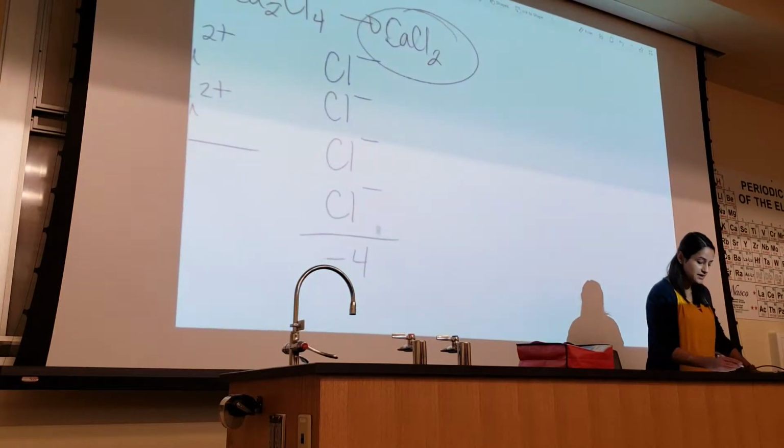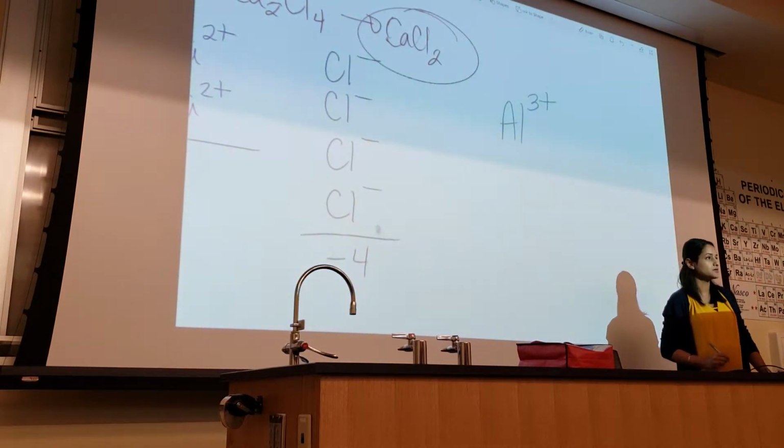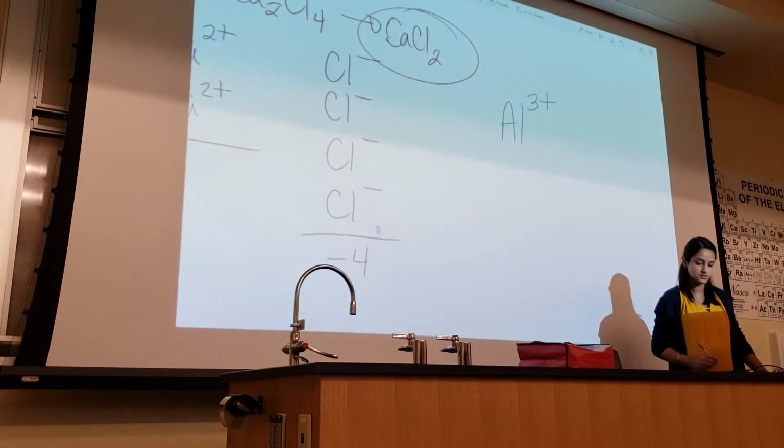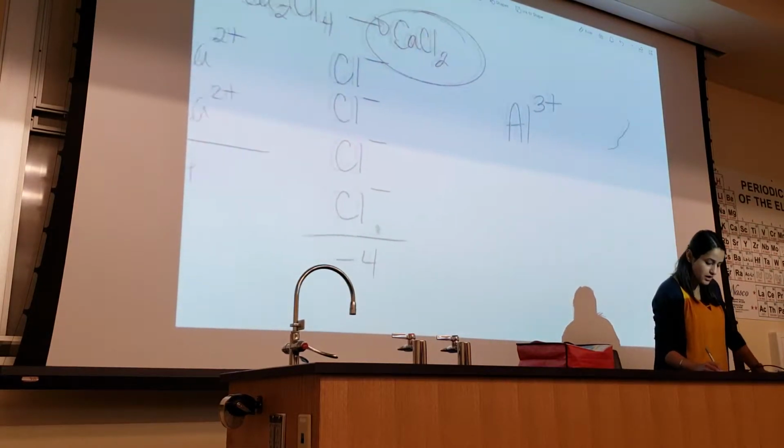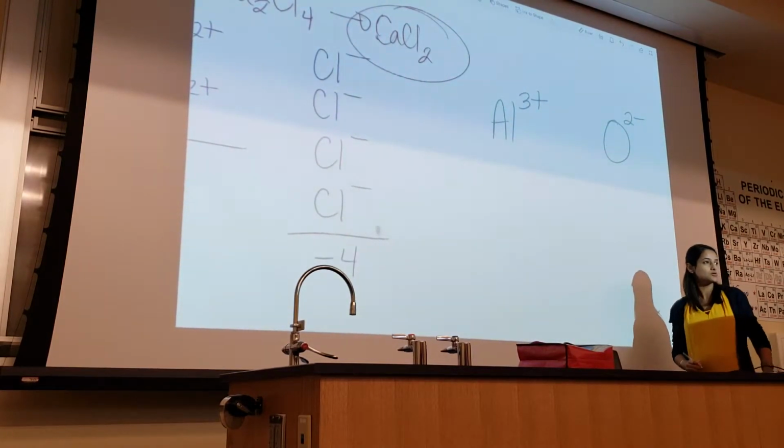Now, let's say I have something like this. Aluminum likes to be a +3, wants to lose 3 electrons. Now, I have oxygen in the mix. It likes to gain 2.